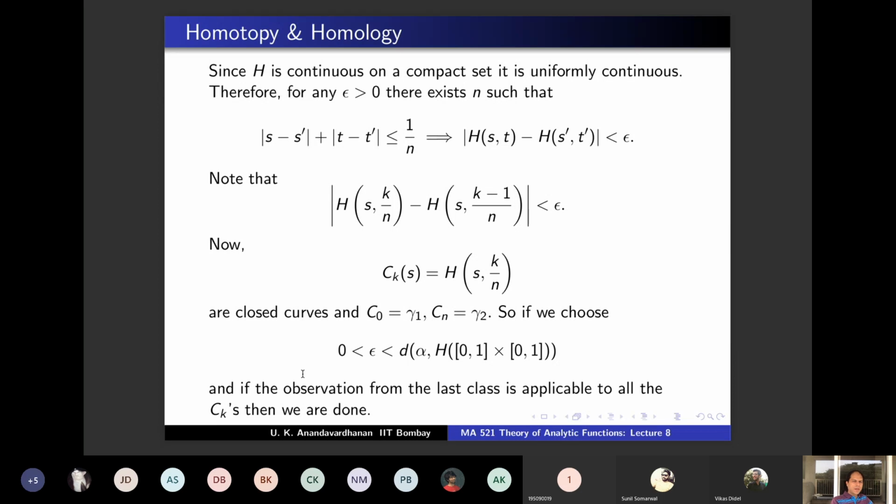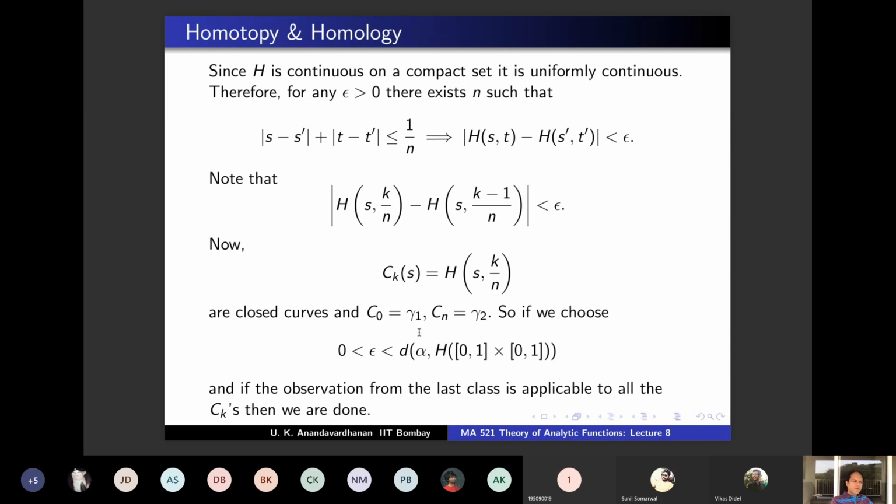So if you choose an epsilon like this, you have taken an alpha, and if you take an epsilon strictly less than this distance, then you are getting that the distance of alpha to this curve is strictly bigger than this. So by the previous observation, indices will be the same with respect to this curve and this curve.